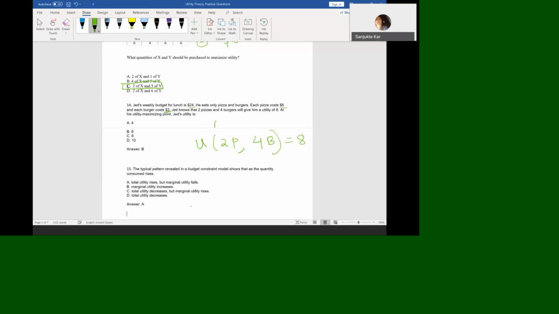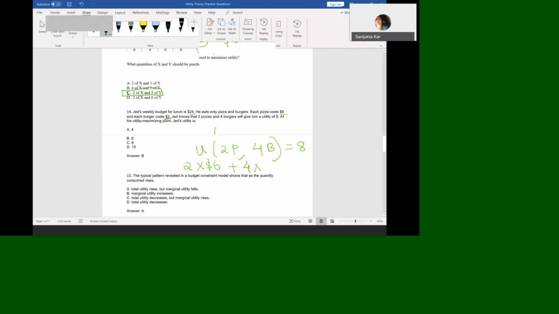Now, what I need to look at here is, if he is buying 2 units of pizza, he's spending $6. And if he's buying 4 burgers, he is spending $3 each here.